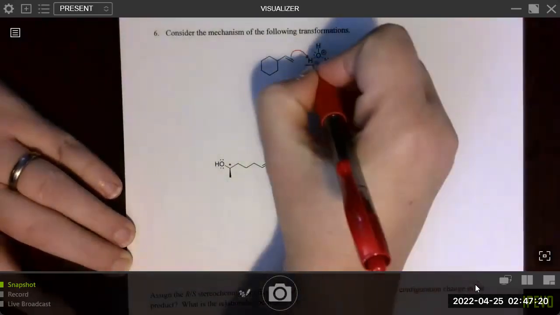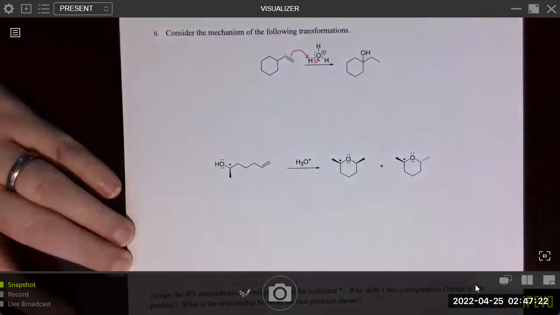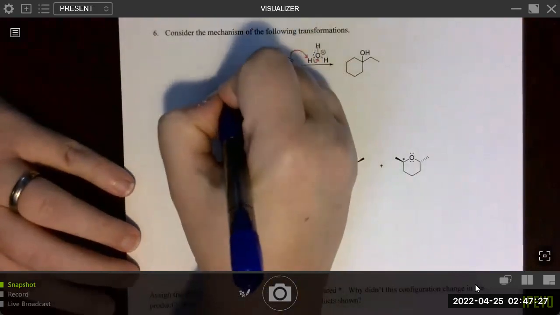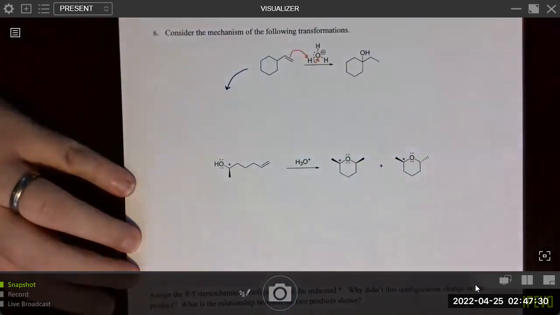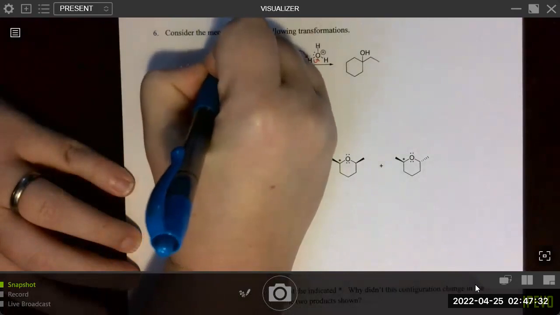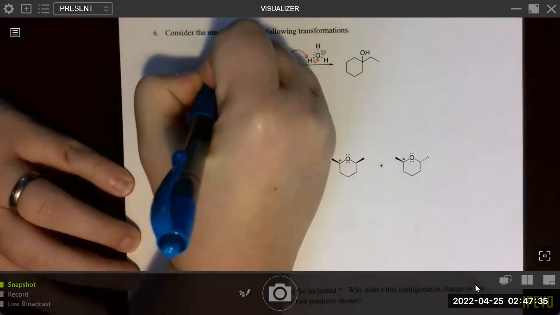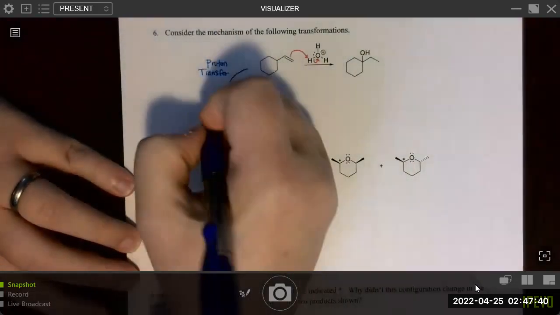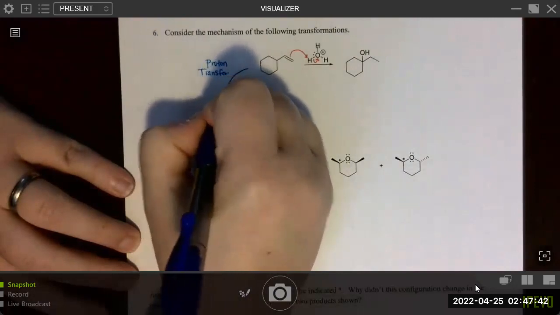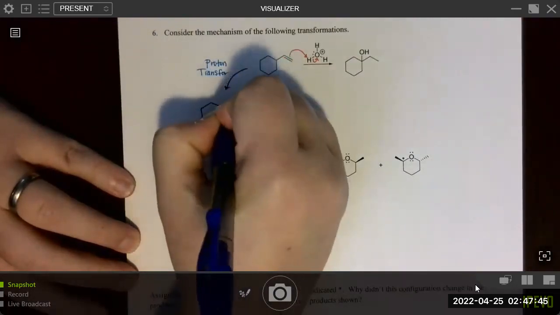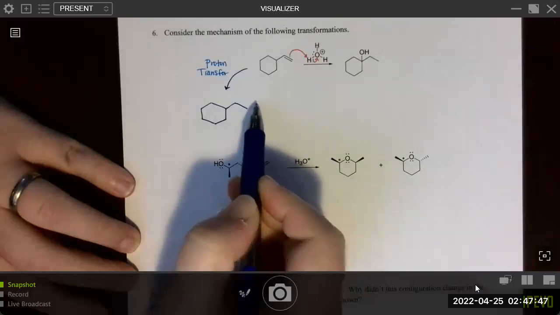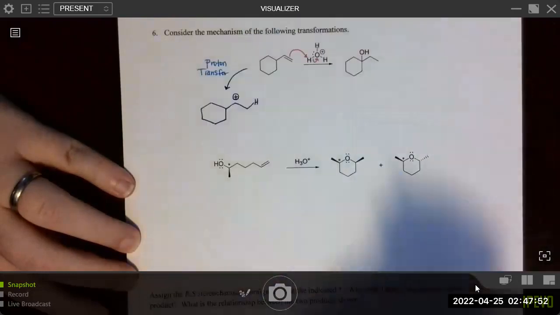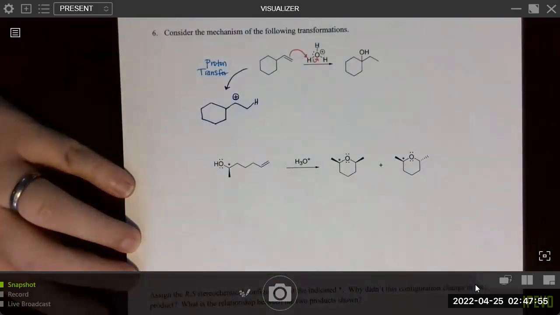So we're going to do proton transfer first. Write that in. Recall that that's going to happen selectively to form the most stable carbocation intermediate. So the hydrogen will end up on the less substituted carbon, and the carbocation will end up on the more substituted carbon.